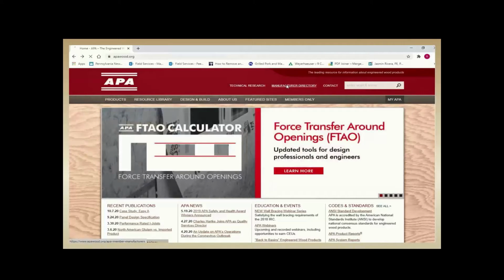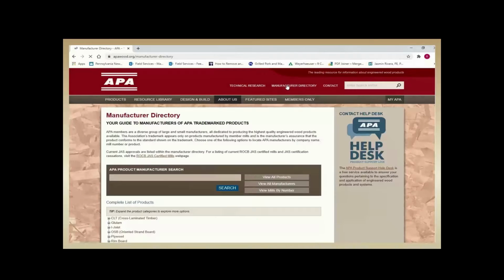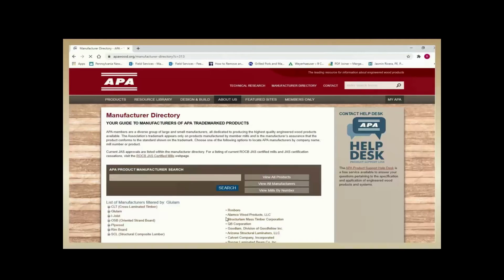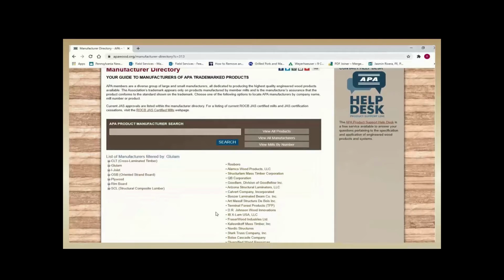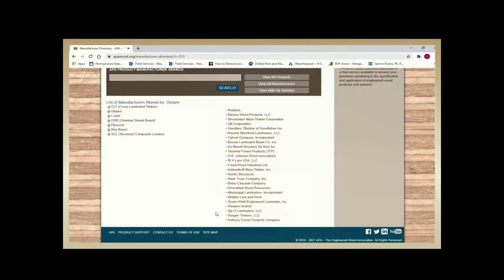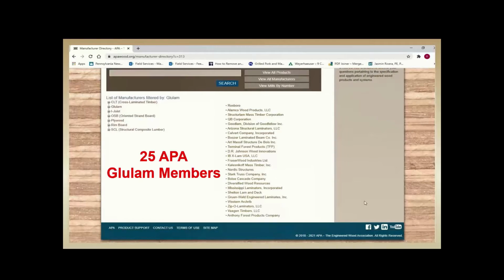We represent manufacturers. Their information can be found on our webpage. If you go to the manufacturer directory link at the top, click on the Glulam tab. It'll give you a list of our manufacturers. We have 25 members of APA that produce glulam, and you can get their contact information if you want to reach out to any of those members to find more information about their products.